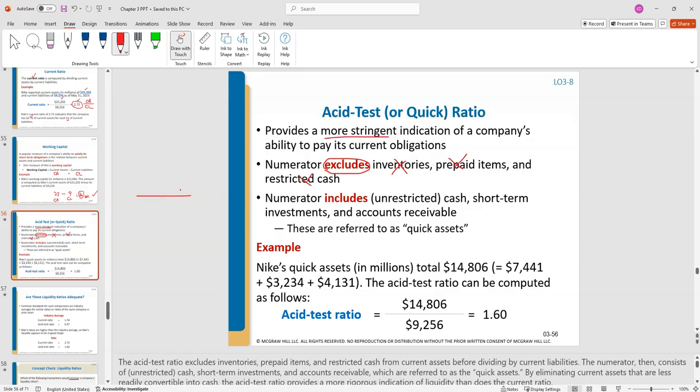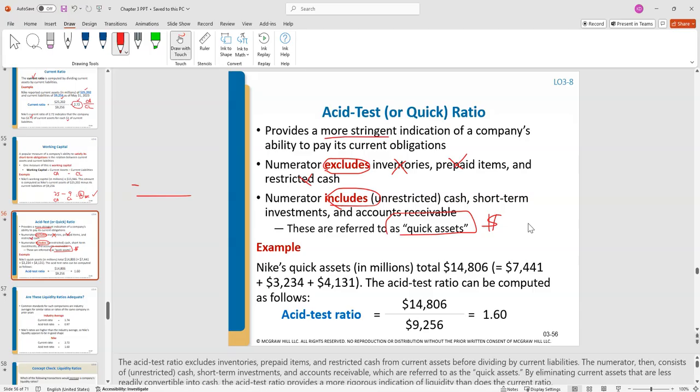So in the numerator, we're going to exclude certain items, but we're also going to include unrestricted cash, short-term investments, and accounts receivable. These are quick assets that we can pretty much treat almost like cash, or that we can access more easily. So we're really taking the current ratio and refining it for purposes of the acid test ratio.